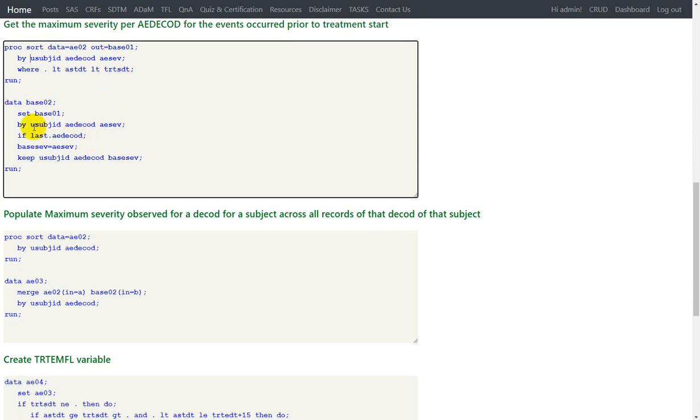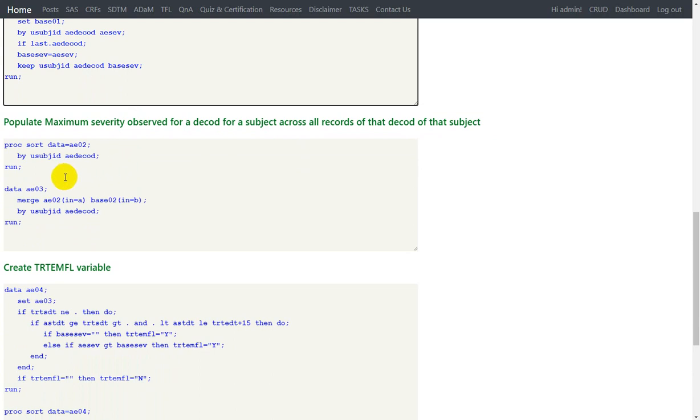So after sorting that way, in the next data step, a last dot concept is being applied, and then the last record is being pulled for each AE decode. As we have made sure in the sorting that the record with the highest severity comes at the end, we are using that record, renaming that severity variable on that last record as BASESEV, and then keeping only subject ID, AE decode and BASESEV.